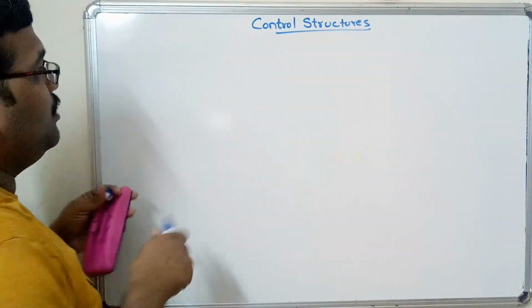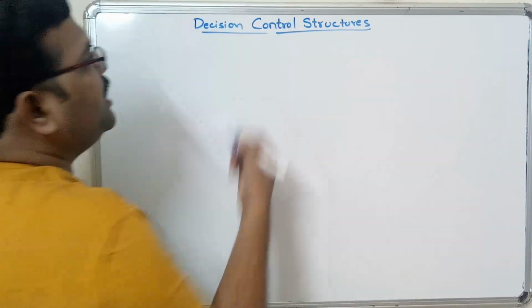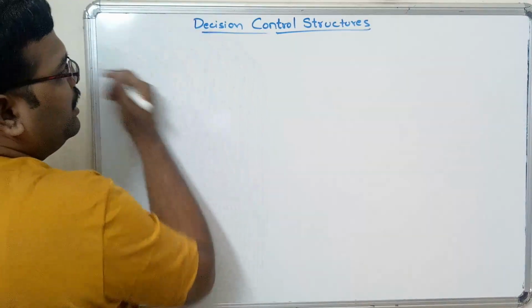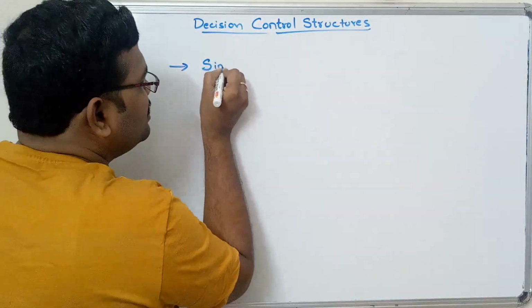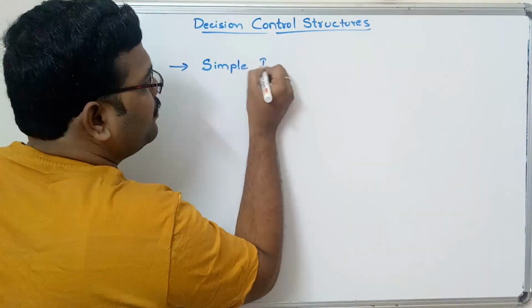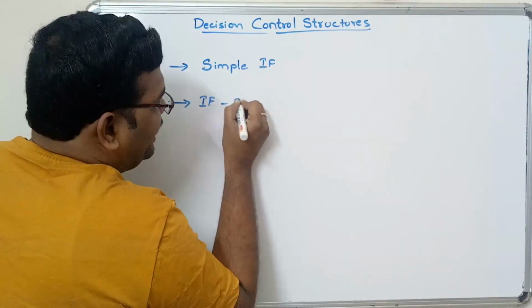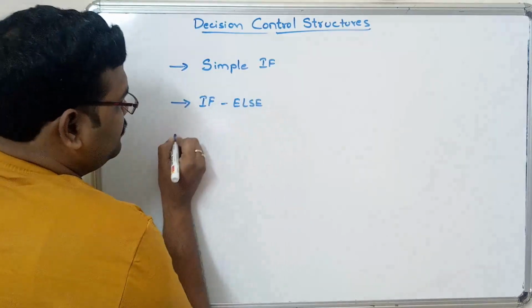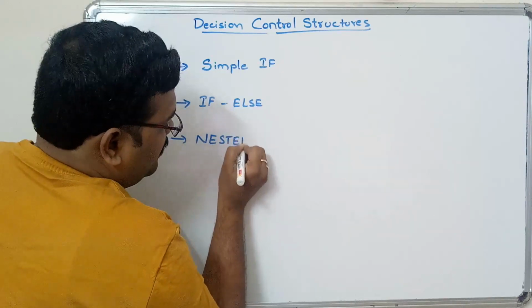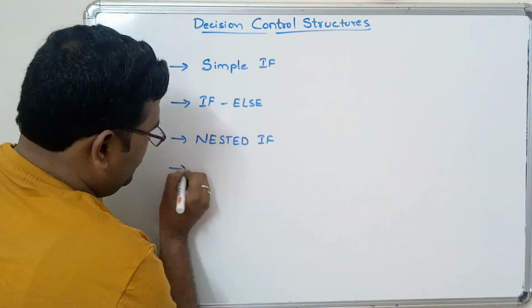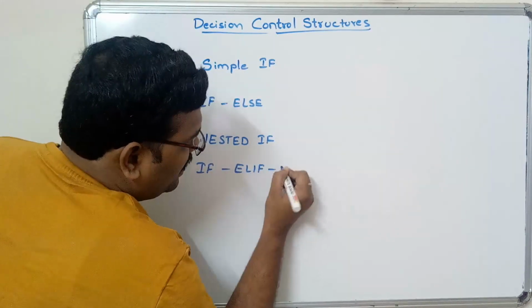Decision control structures. Here there are four categories: simple if, if-else, nested if, and if-elif-else.